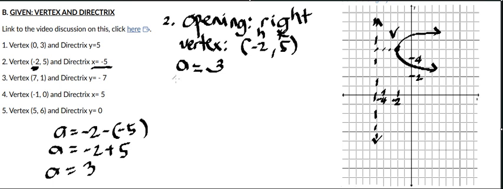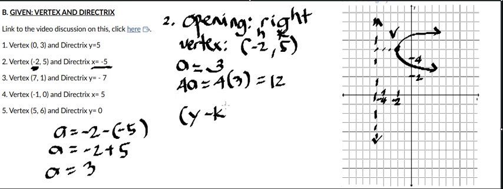Let's now move to 4a. Our 4a is equal to 4 times our a, which is 3. That's 12. And of course, we can now write our standard equation. Since this opens to the right, we start with (y minus k) squared equals 4a times (x minus h), facing positive numbers.